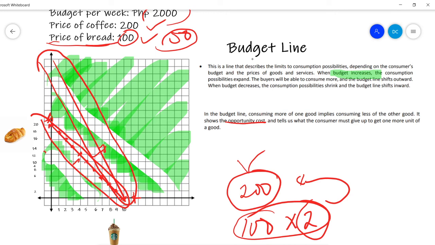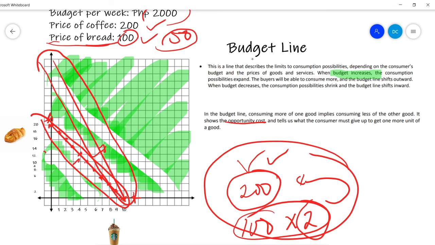The slope between 2 points, we're going to calculate that as the change in the vertical distance divided by the change in the horizontal distance. So madali lang din siyang tingnan. Ito yung example ko dito. For you to be able to get another coffee, you have to give up 2 breads. And then, vice versa, if you give up a coffee, you can get additional 2 breads.